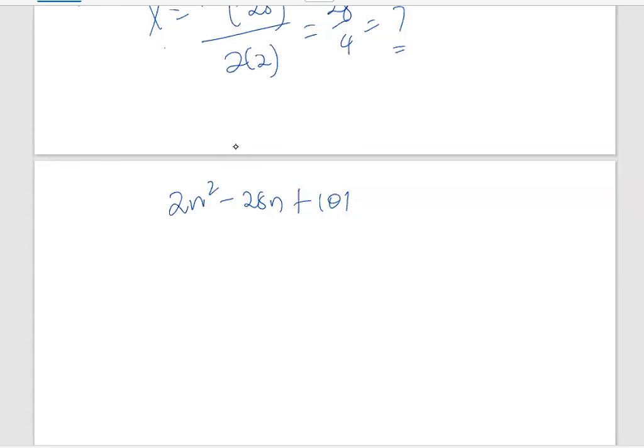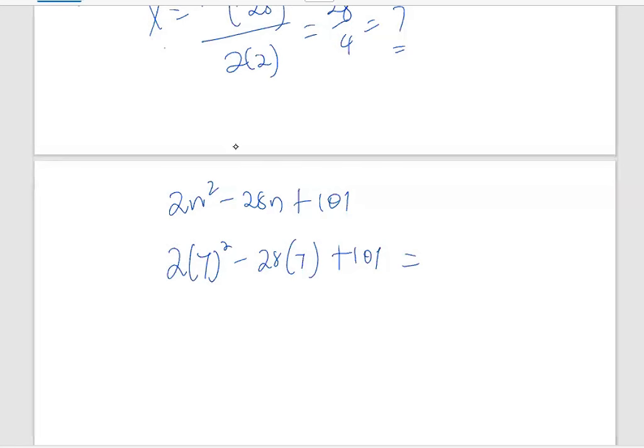Then let's do the substitution. So it's a 2 times a 7 squared minus 28 times a 7 plus the 101. What does that give us? Let me punch this into my calculator.